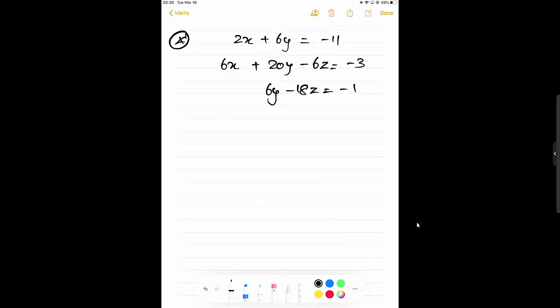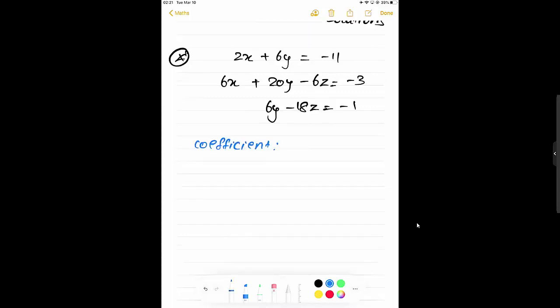Our first step is to find the coefficient, variables and constants. The coefficient here is represented by matrix A, and you have to write the values of each variable. For equation 1, the value of x is 2, the value of y is 6, there is no z, so you can write it as 0.